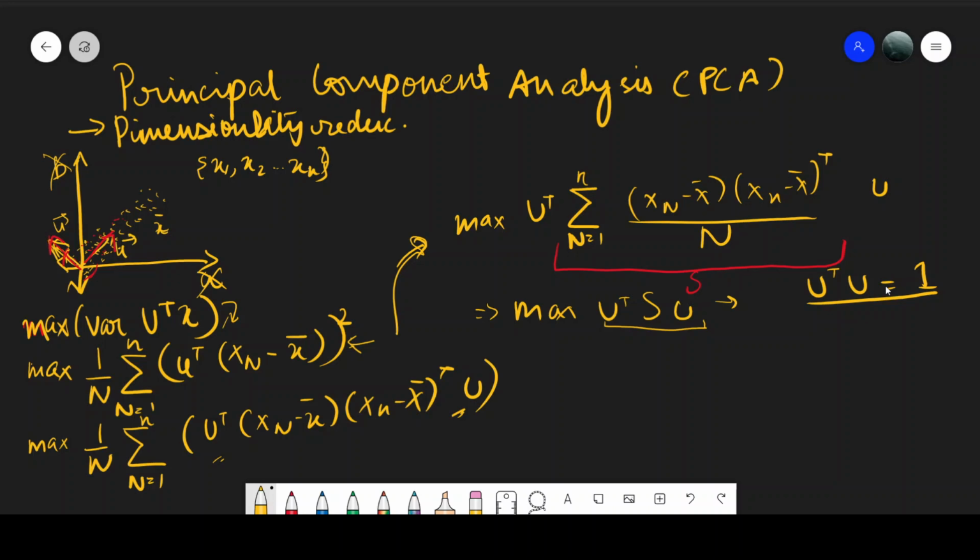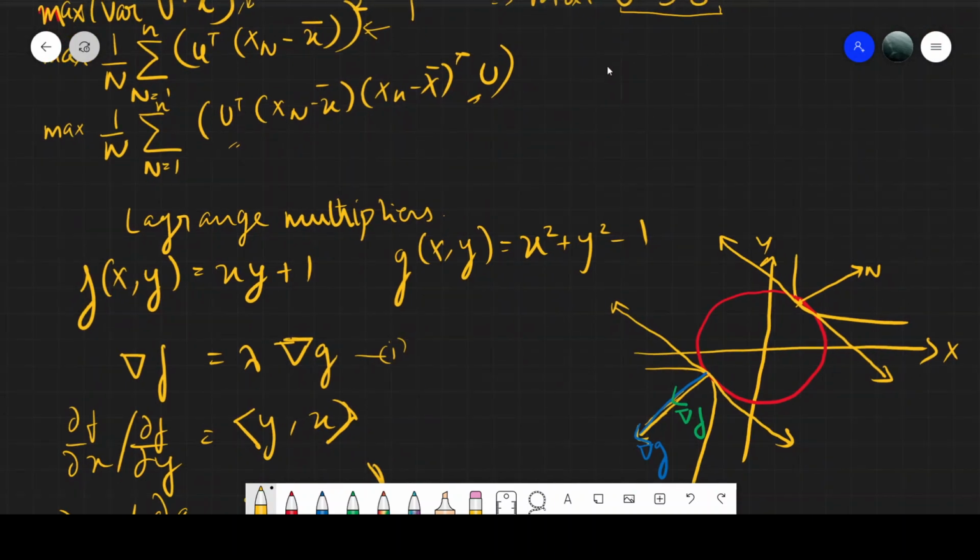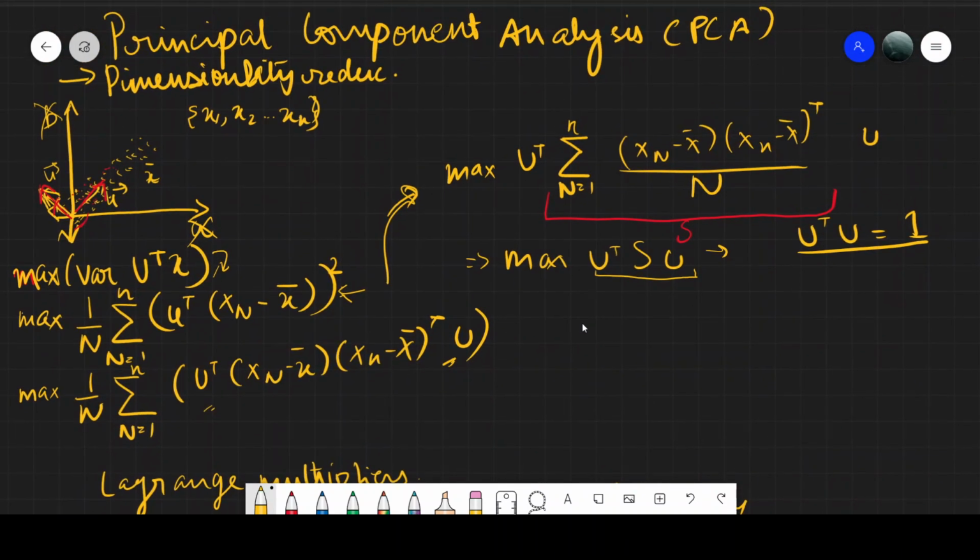This is exactly what we learned in the Lagrange multipliers. That's exactly what we are going to do. We are going to take the Lagrangian L, and we are going to find the maximum or minimum of this Lagrangian subject to the constraint of how the unit vector changes.